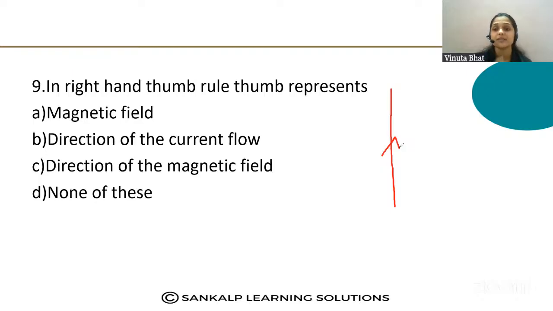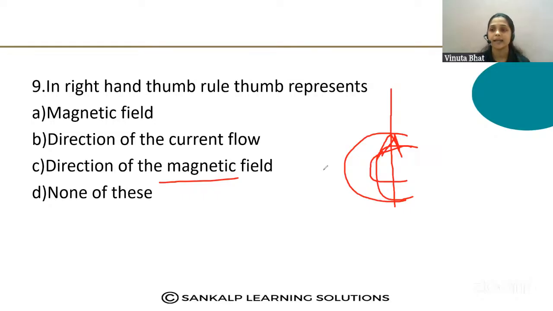Here it represents the direction of the current flow, and the remaining fingers represent the direction of the magnetic field. Okay.